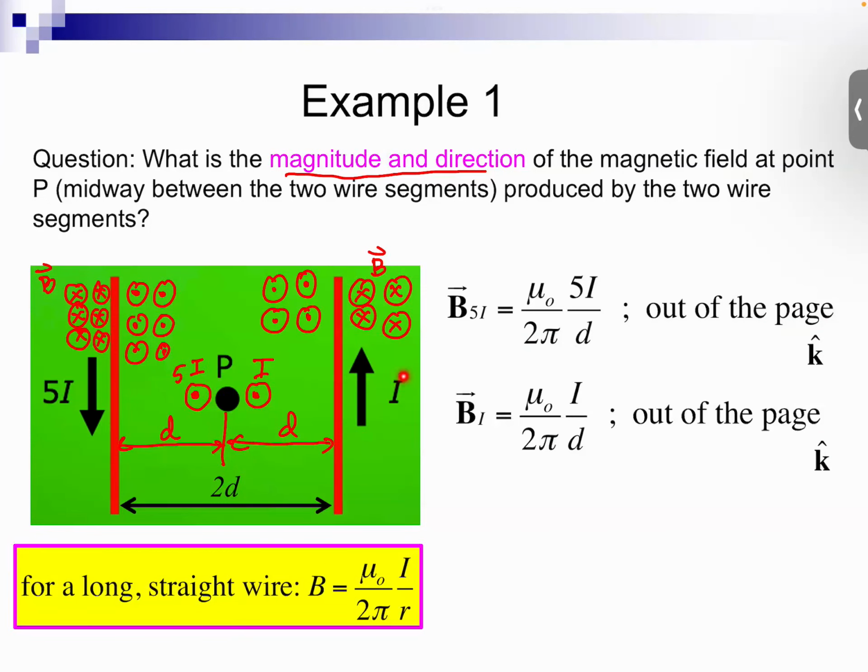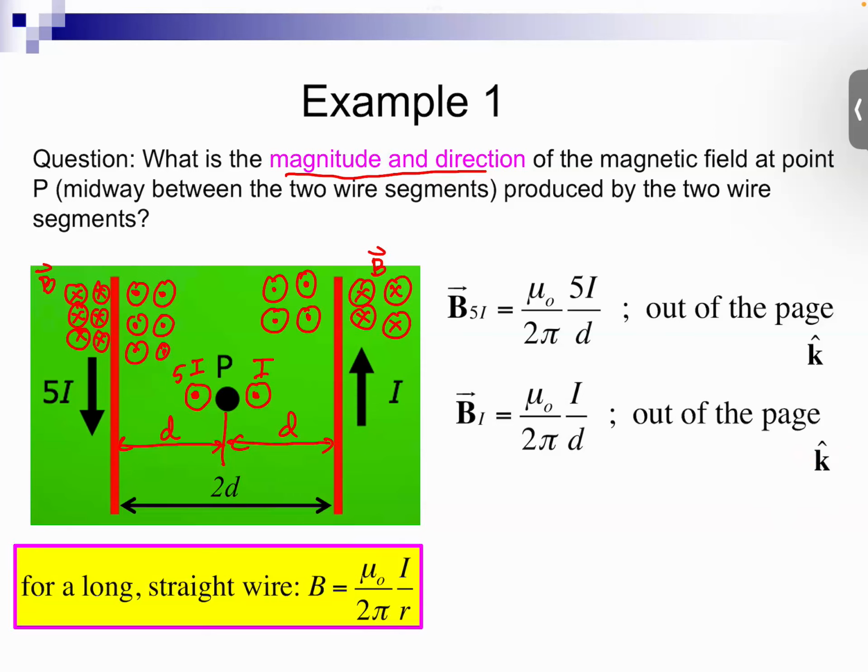Similarly, for the I current, the magnetic field is mu naught divided by 2 pi, and then the current is just I, and the distance r is d. The direction is also out of the page, as you determined from the right-hand rule.